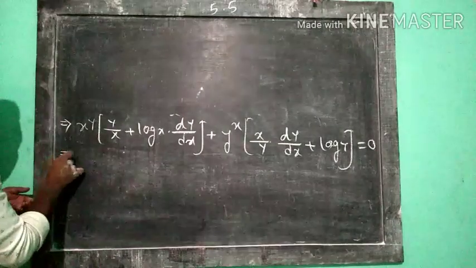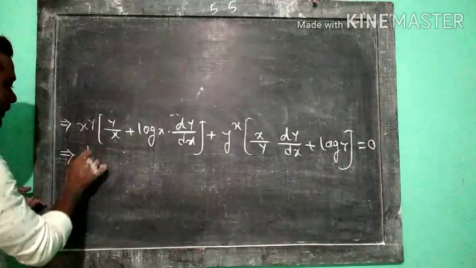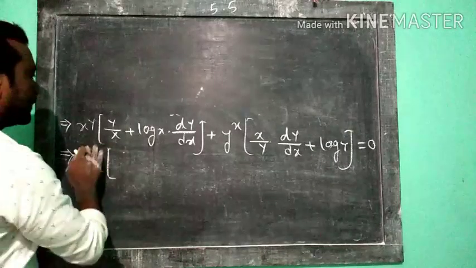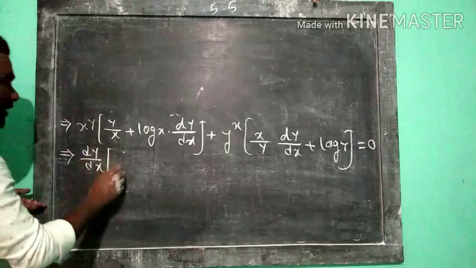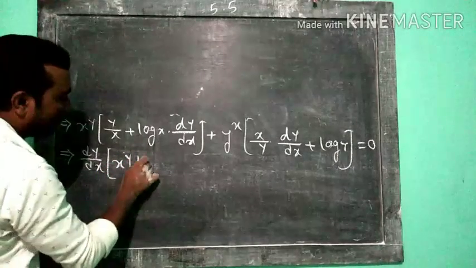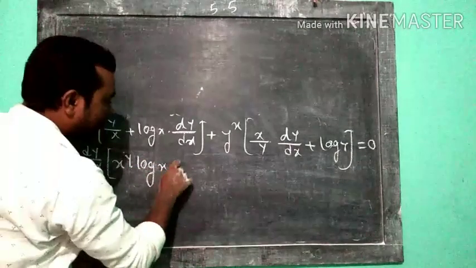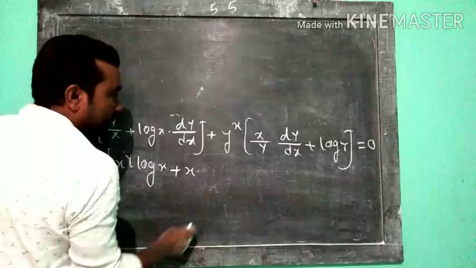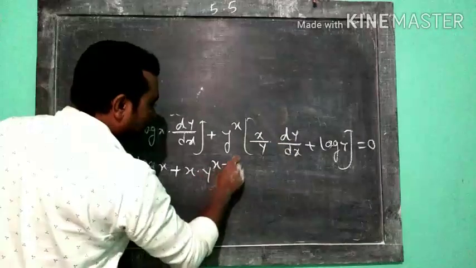So this implies dy/dx into x to the power y into log x plus dy/dx taking common, we have x into y to the power x minus 1.